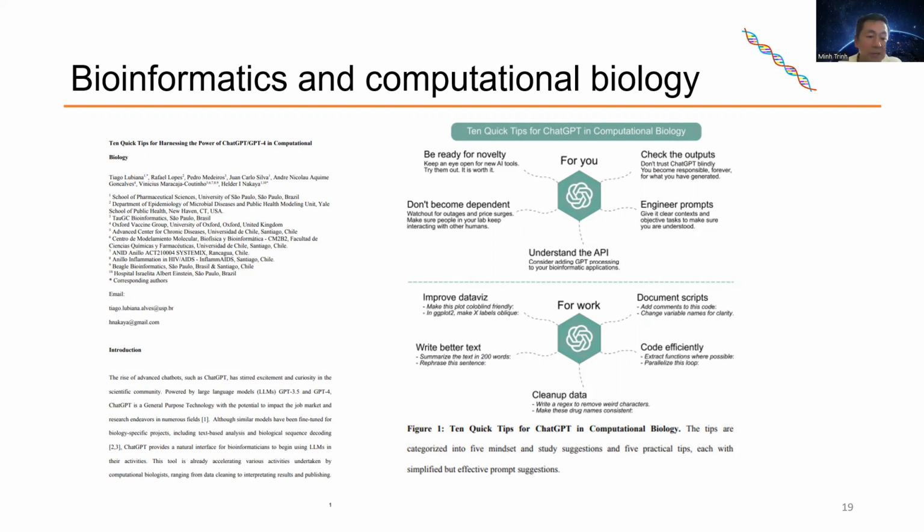Here, I found an interesting paper on computational biology, and this is one slide from this paper: 10 quick tips for ChatGPT in computational biology. These people are in this field, so I trust that they are more competent than myself to give you advice on this. These are quite general, applicable also beyond computational biology, right?